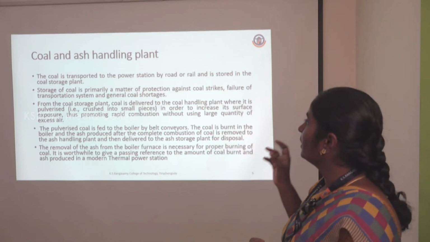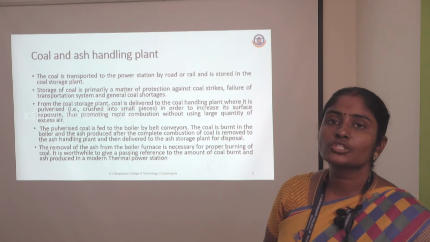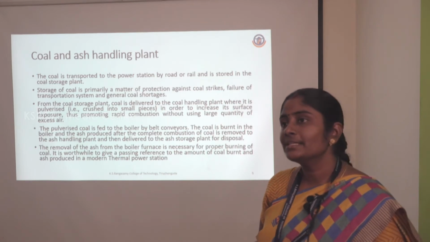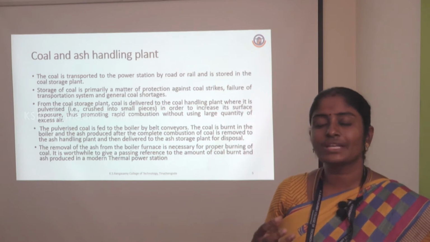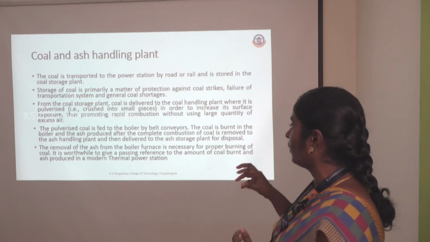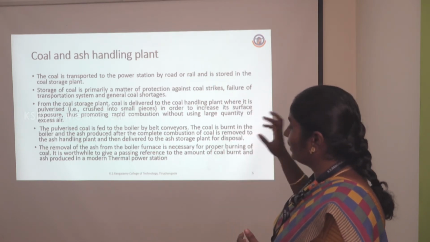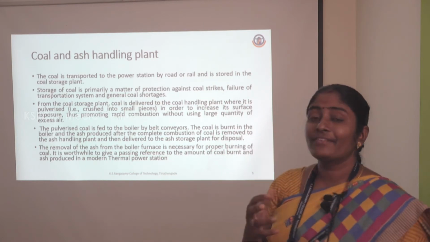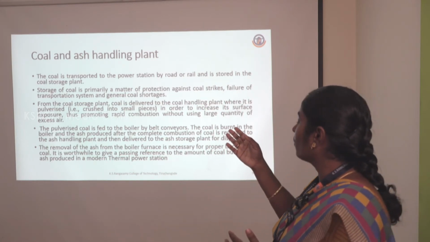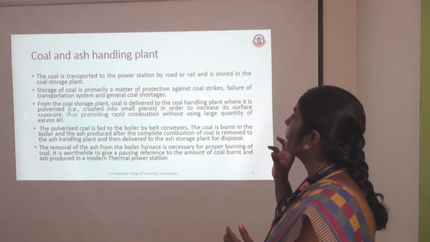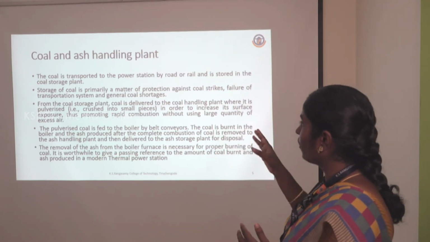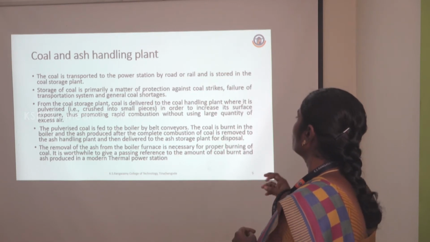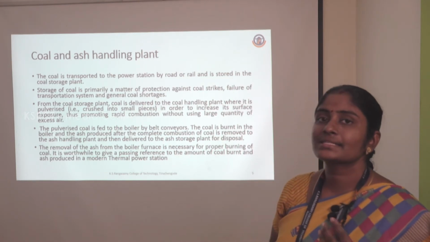Every thermal power plant has a coal storage plant, to avoid shortage of coal and issues like transportation failure. This coal storage plant helps to provide coal uninterruptedly. From the coal storage plant, the coal is delivered to the coal handling plant where it is pulverized.